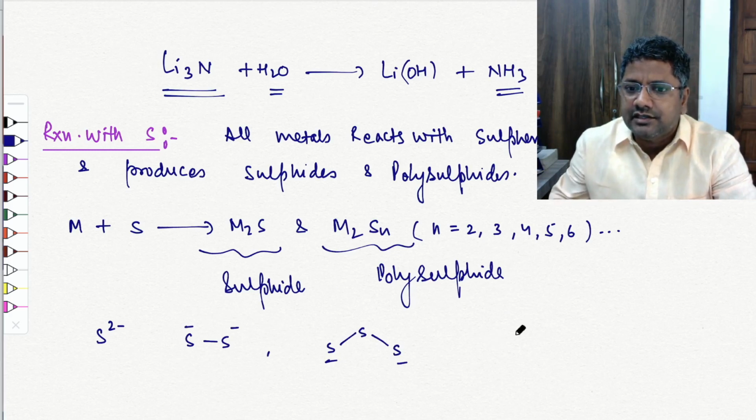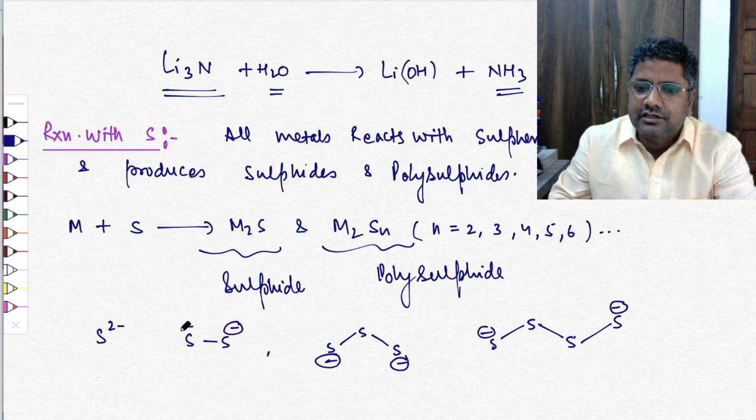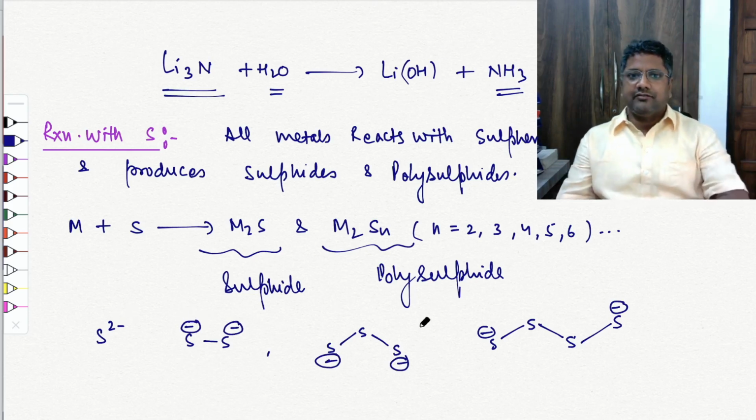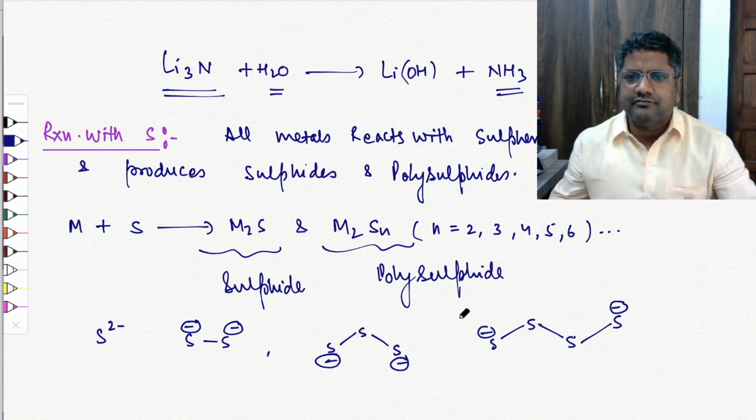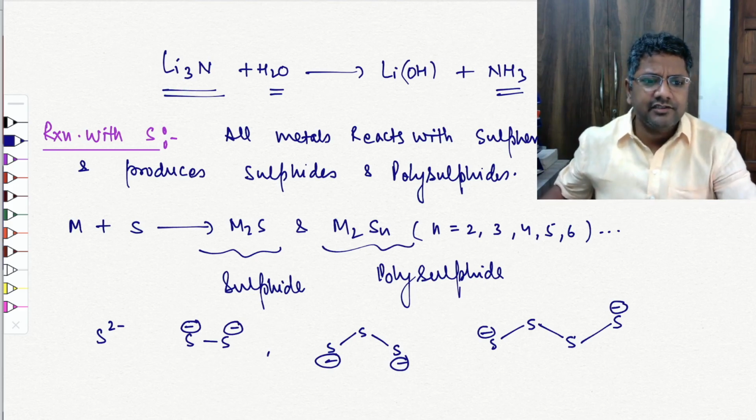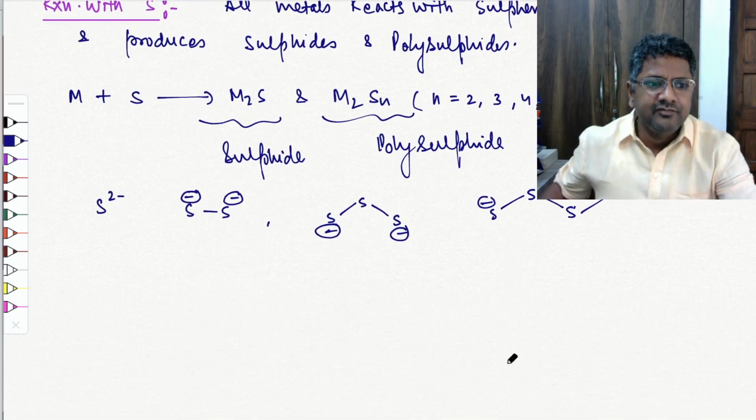If it is S4, then S4. So these are the sulfides and polysulfides. So all the metals, no choice, all the metals react with sulfur and form sulfides and polysulfides.